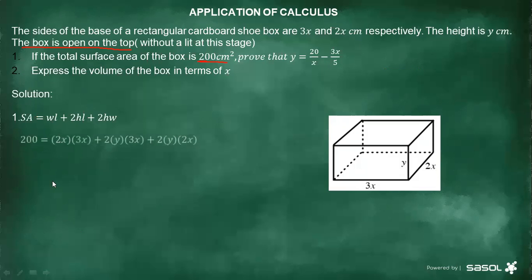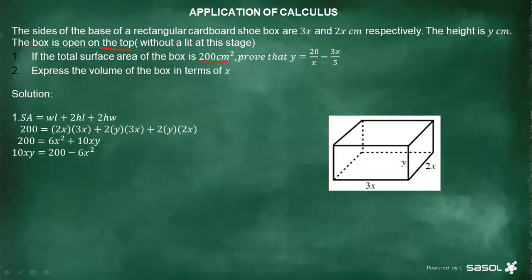Then we substitute the values that we have in there, and from there you make y the subject of the formula. You transpose, divide, and simplify, and this is what we get: 20 over x minus 3x over 5. So that is the answer that we have to get.